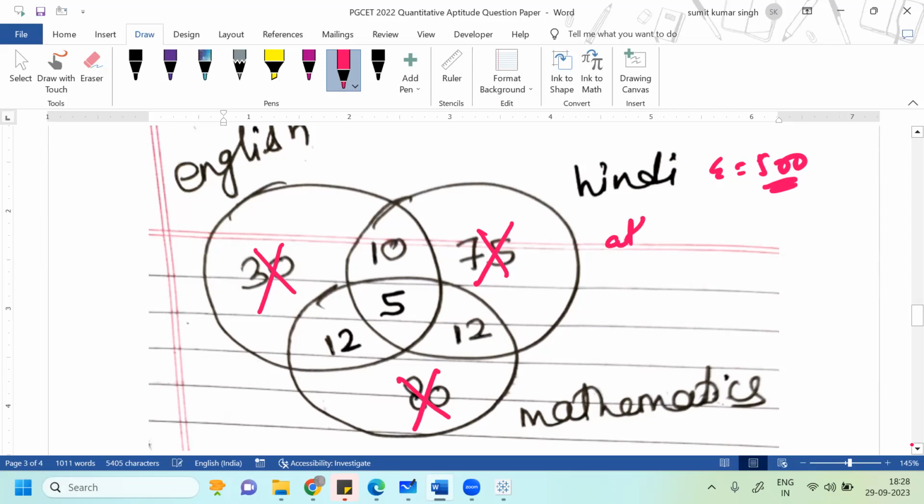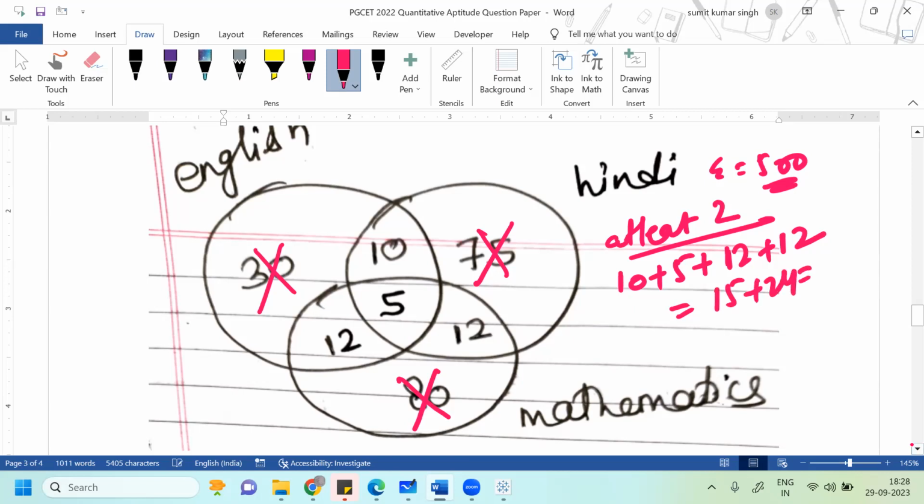So when you're talking about at least two, you have 10 plus 5 plus 12 plus 12. So you have 15 plus 24, you have 39. So 39 students failed out of 500.